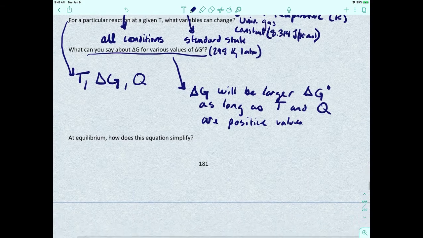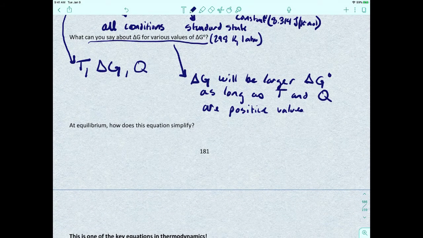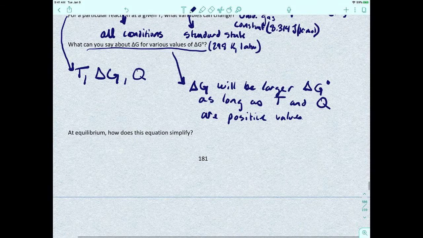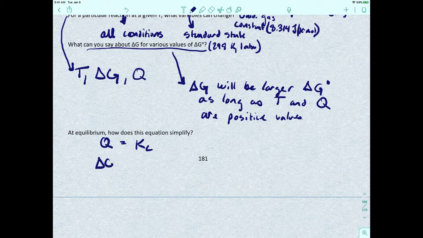Now at equilibrium, how does this equation simplify? So at equilibrium, we know that Q is going to become Kc. And we know that delta G at equilibrium is going to be equal to 0.